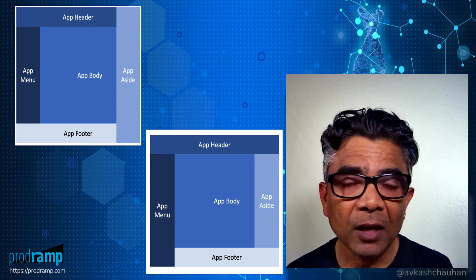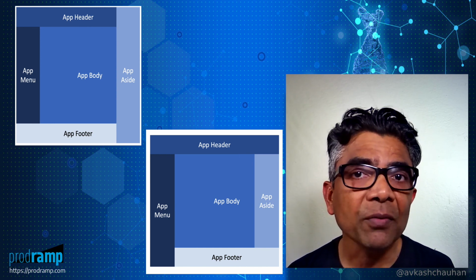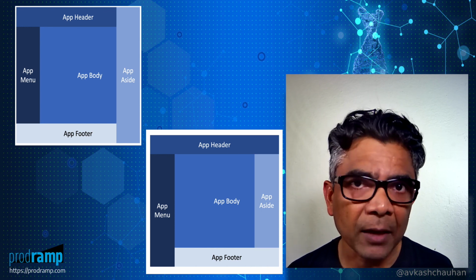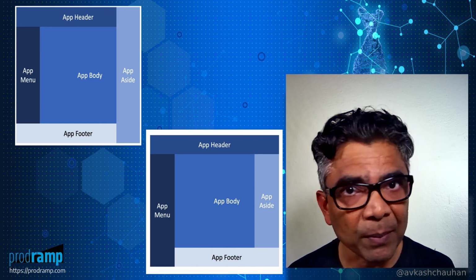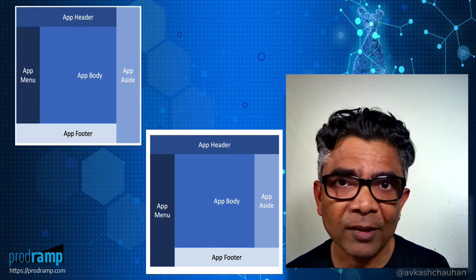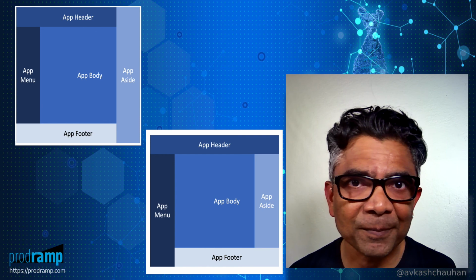We learned how we could combine all of these components together and generate a desired layout for our web application. So that's all in this tutorial, and I will see you in my next tutorial.